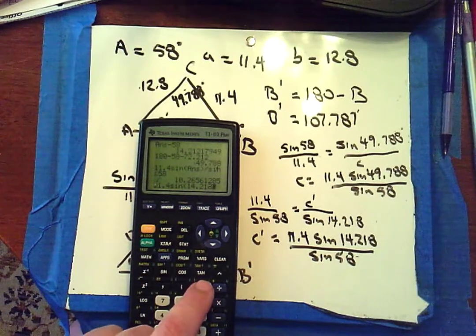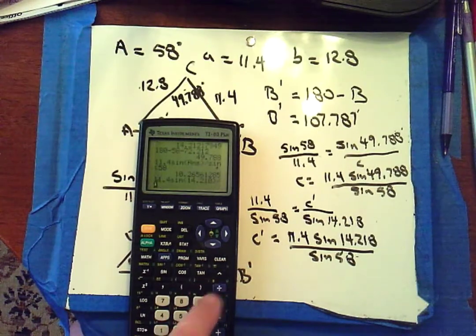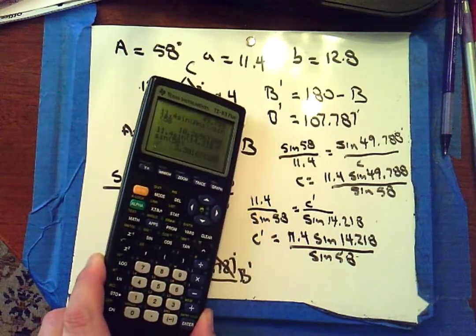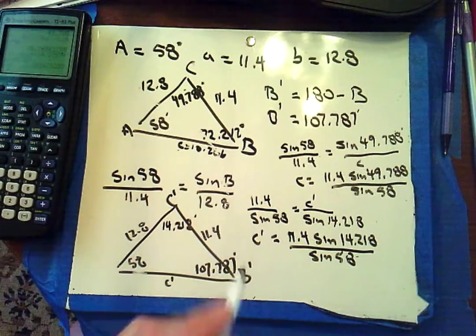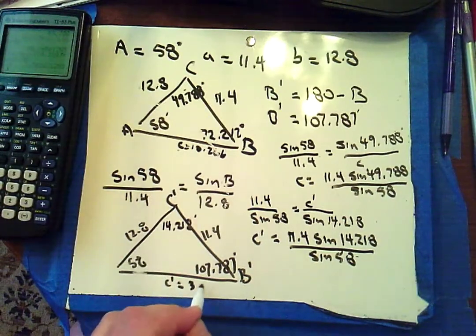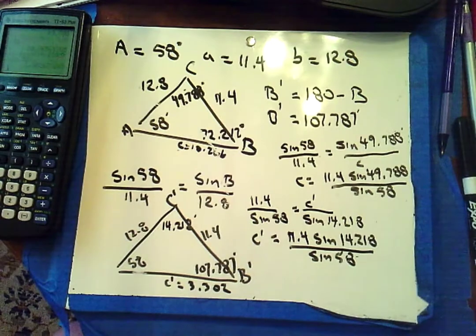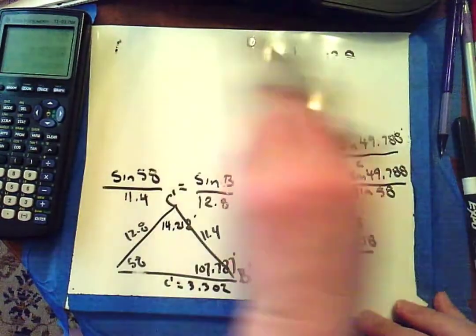And I get 3.302. Fabulous. So there's our solved triangles. Don't forget to check for two solutions. Okay, maybe at the end of the video we'll do a little more practice.